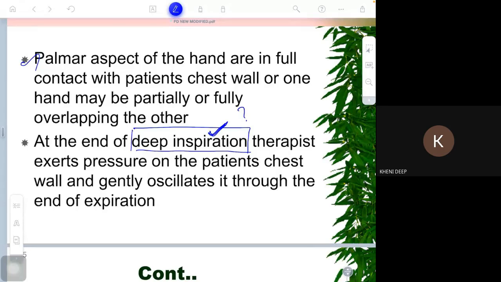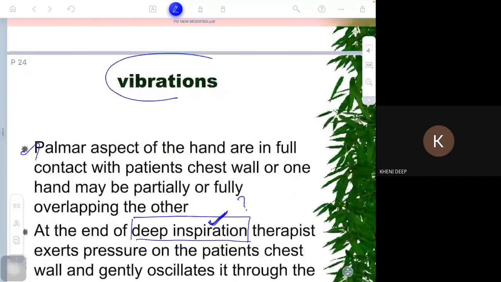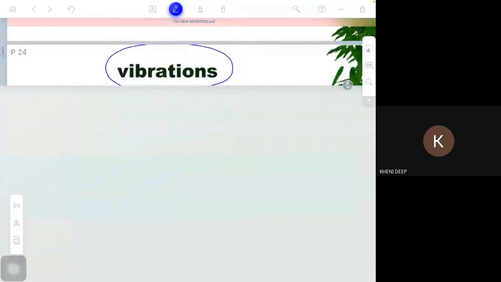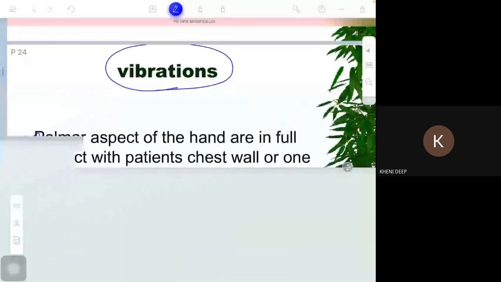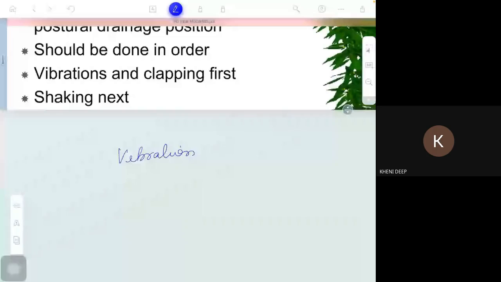I'll repeat the question. See, there are certain manipulations: vibration, clapping, and shaking.